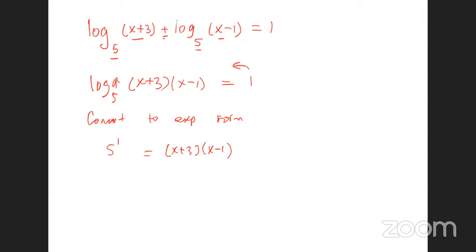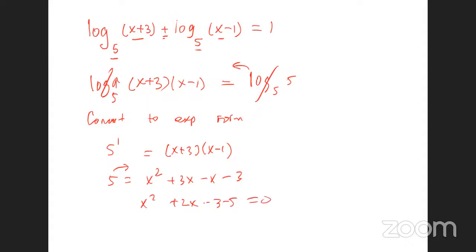Some people like to write this instead of writing 1, they write log 5, and then drop the logs here. Same thing. So you'll get 5 is equal to x squared plus 3x minus x minus 3. I'll bring in the 5 on this side, and I'll get x squared plus 2x minus 3 minus 5 is 0.